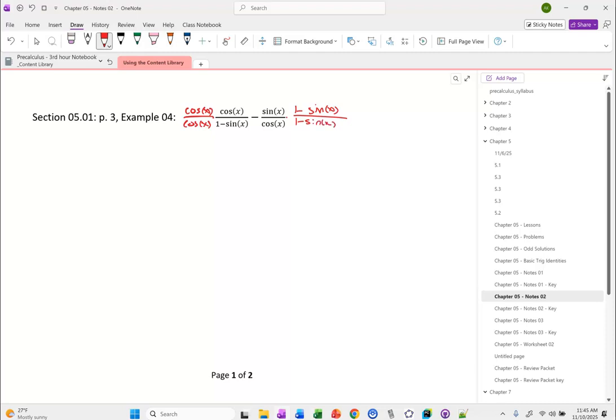So we'll do that. Everybody happy? What's cosine x times cosine x? Cosine squared x. And then what's sine x times 1 minus sine x? Well, I'm just going to write it this way for now.